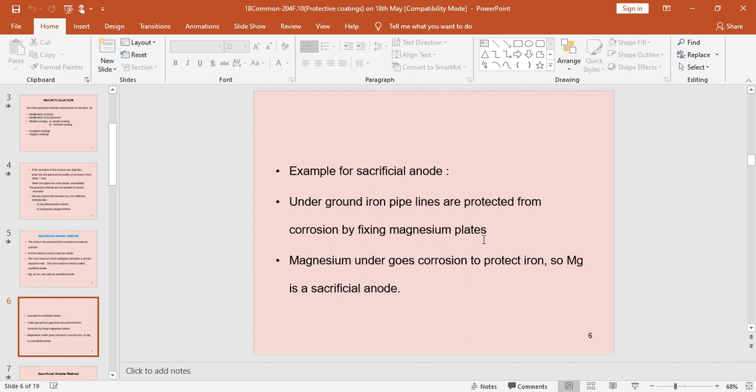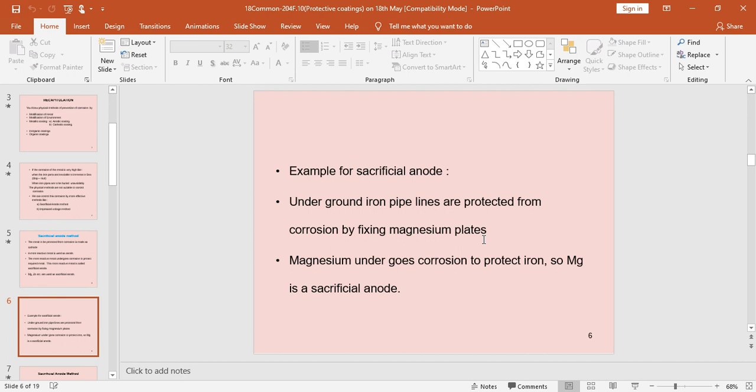Now these magnesium or aluminum metals, which are more active than iron, are connected to the pipelines, right? Obviously, if you connect a more active metal to a less active metal, the more active metal acts as an anode and corrodes itself to protect the iron pipeline.